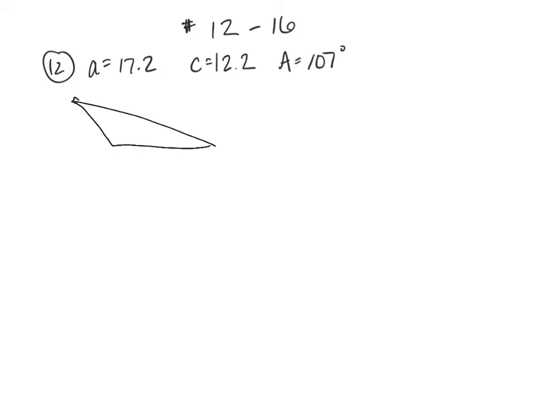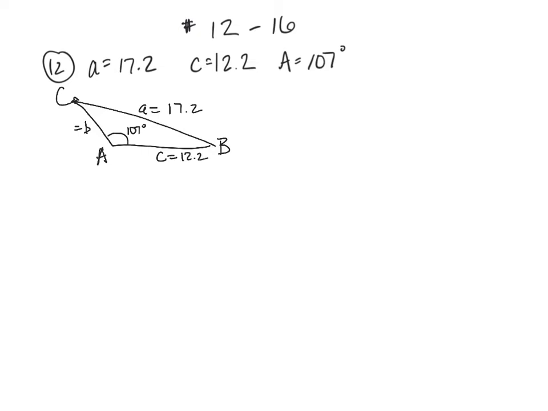Okay, so A, B, C. We know angle A is 107 degrees. We know side length A is 17.2. And we know side length C is 12.2.